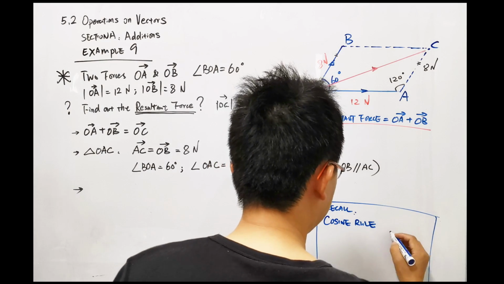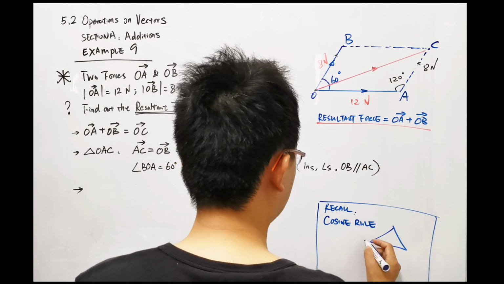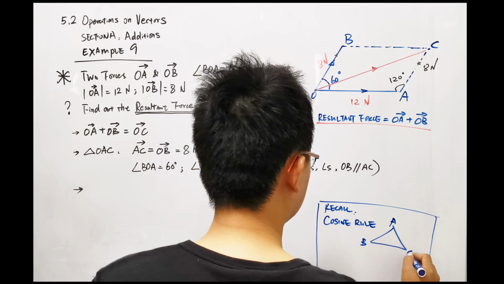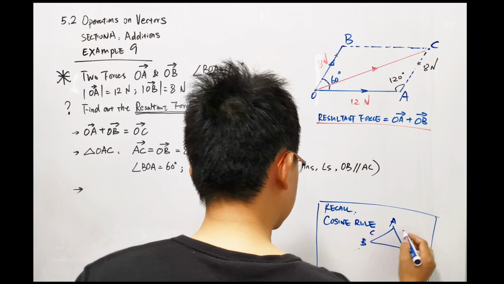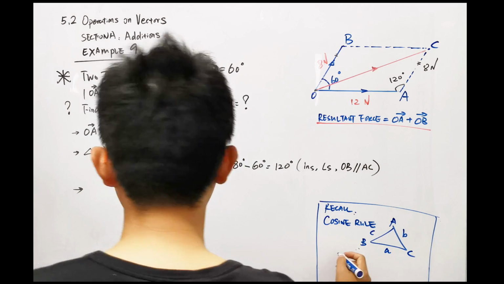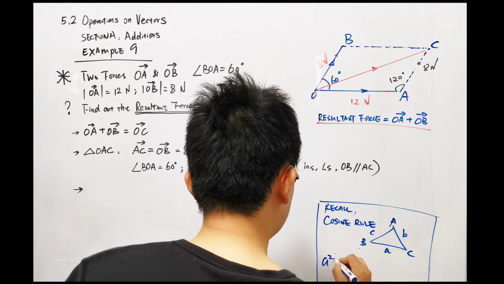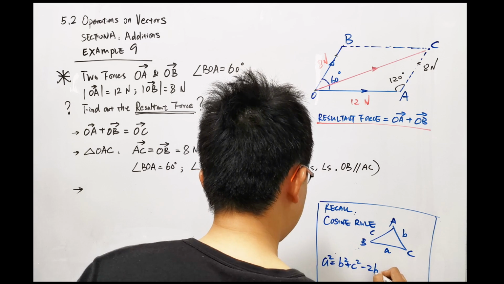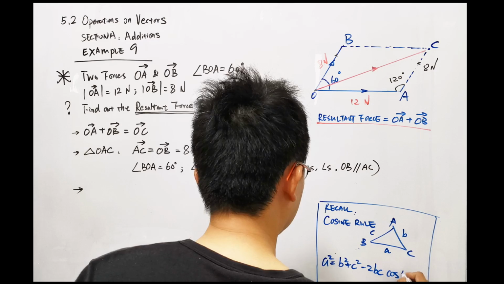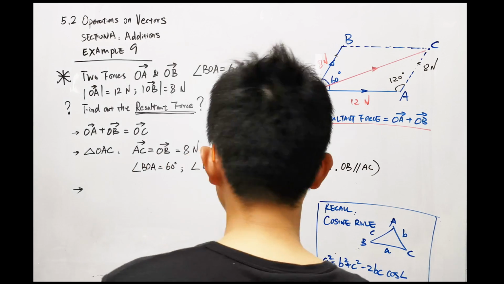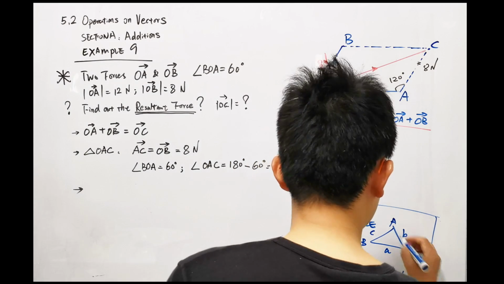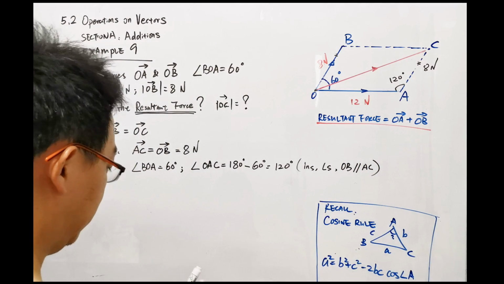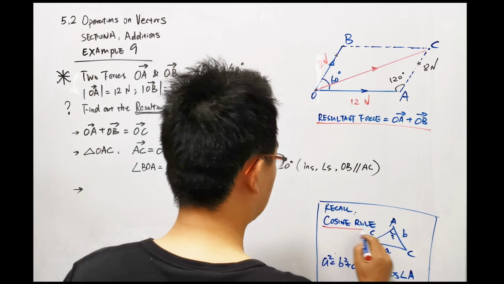Cosine rules, if you have a triangle, this is C, this is B, this is A, right? So how do you find out A? A squared equals to B squared plus C squared minus 2BC cosine of the angle A, right? So we call it cosine law, cosine rules, right?